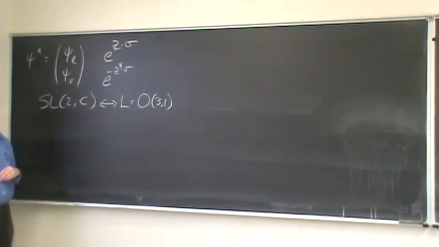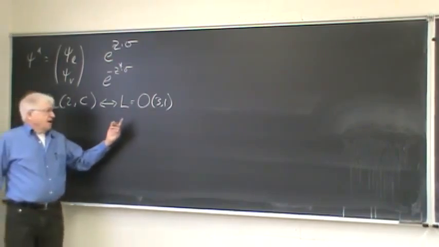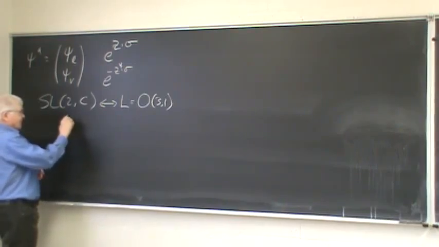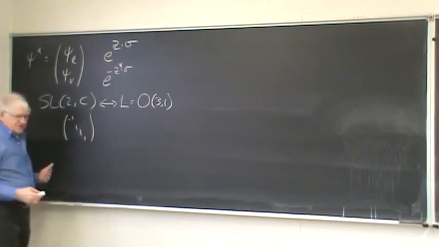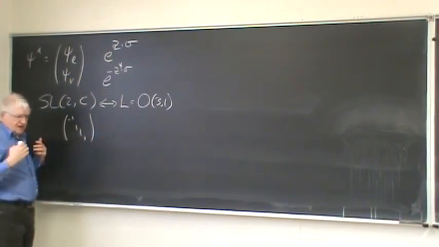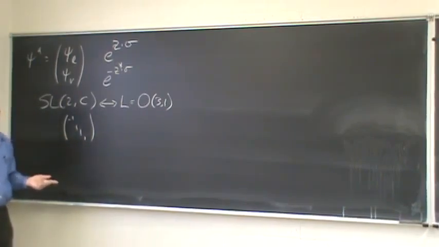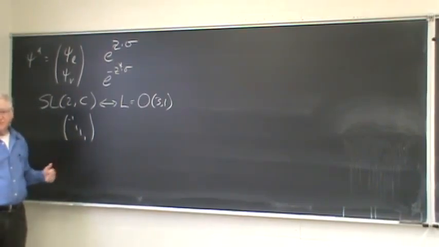The comma means that it's transformations that preserve inner products taken with this metric, which is that flat space-time.